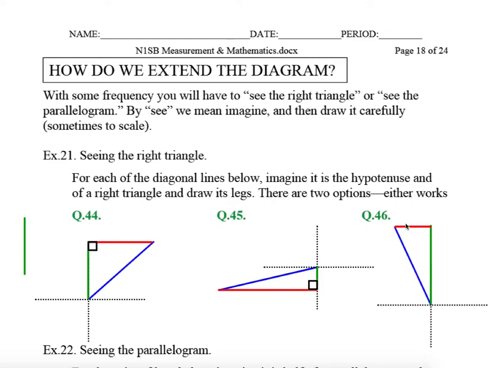And of course, this is the same as if you moved the horizontal down to the bottom and the vertical over to the left. So now you have the legs of the right triangle. Now in the homework, again, on W112, I ask you to measure those legs. So whether the legs are on one side of the hypotenuse or the other, they should be the same length.